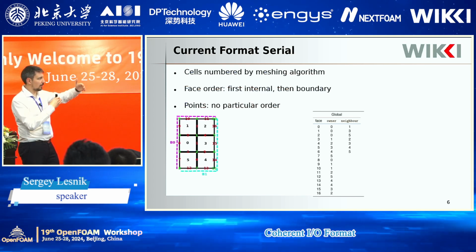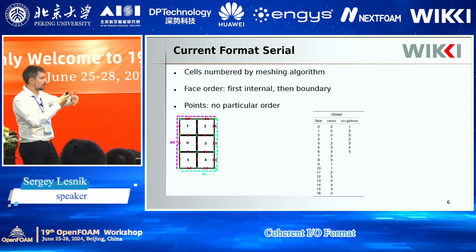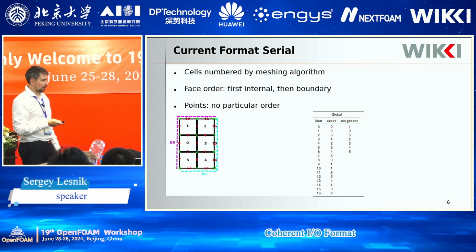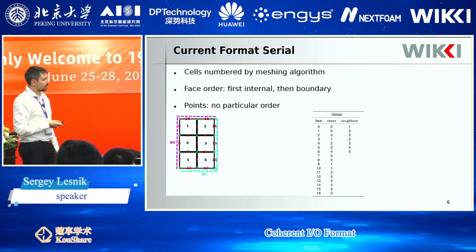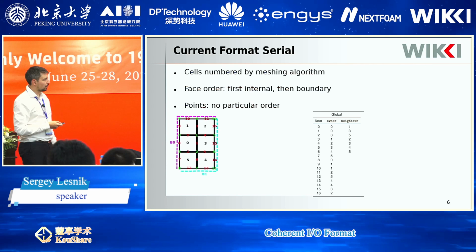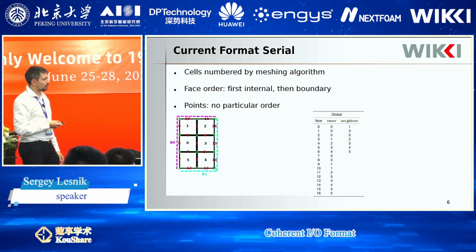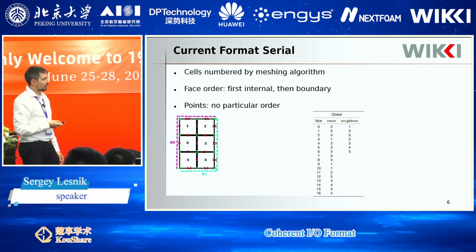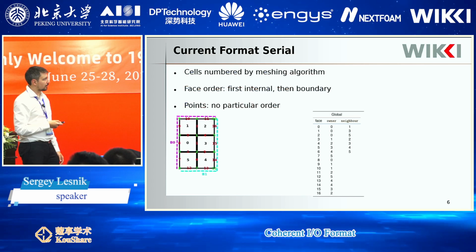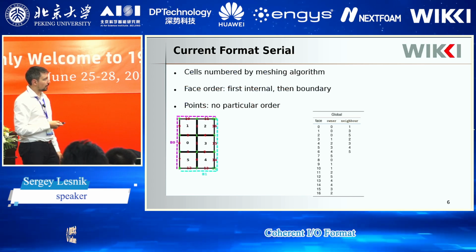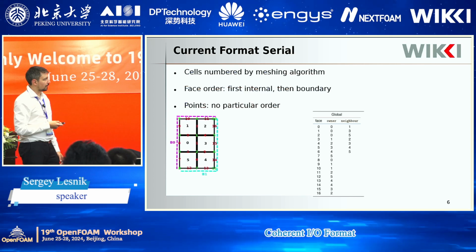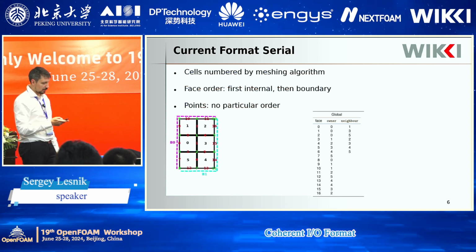So there are only 2 counterparts, owner and neighbor. So the first 3 faces, 0, 1, 2, are owned by cell number 0. And they have neighbors. The 0, 1 has neighbor 1. The first one is neighbor cell 3 and 5 here.